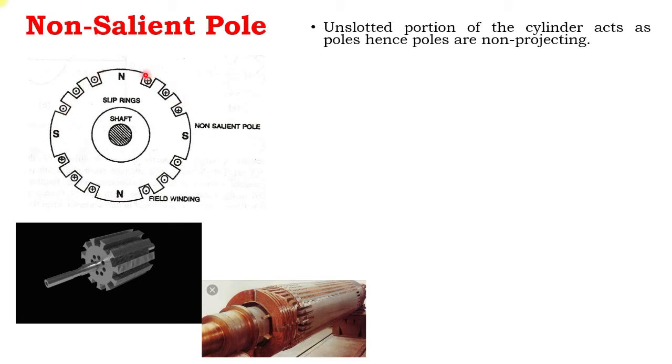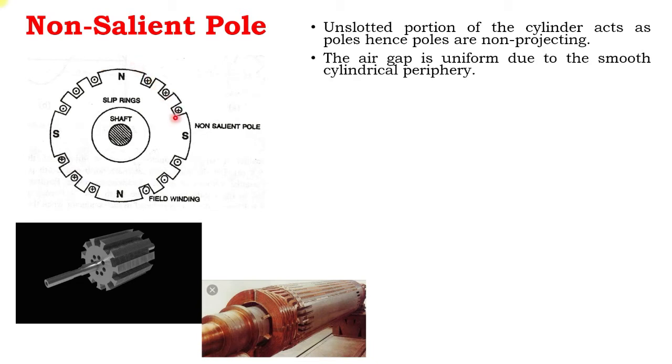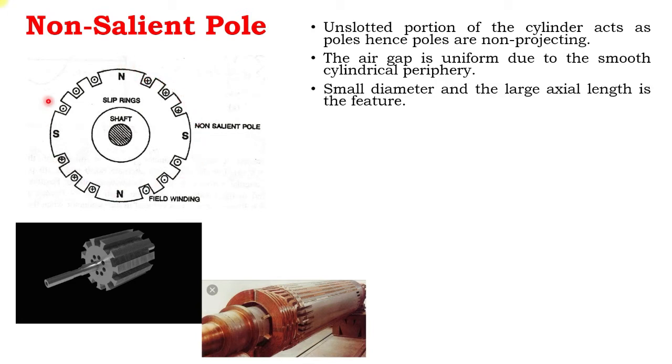These are called field winding, and poles are not projecting out. The air gap is uniform. You can see that here the air gap is very uniform, because the slots are very small and the poles are not projecting out. It has small diameter and large axial length.